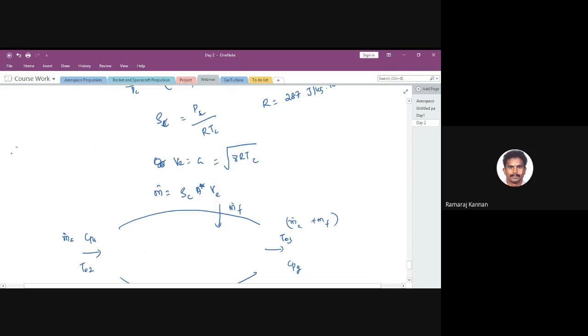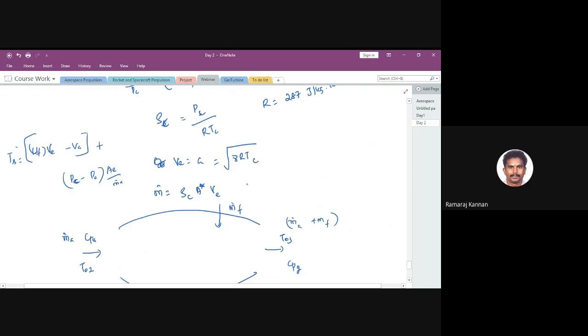It's going to be (1 plus f) into your VE minus your VA. This is your momentum thrust, and then the pressure thrust, (PE minus PA) into AE by m dot, where PE is nothing but PC, and AE is the A star.